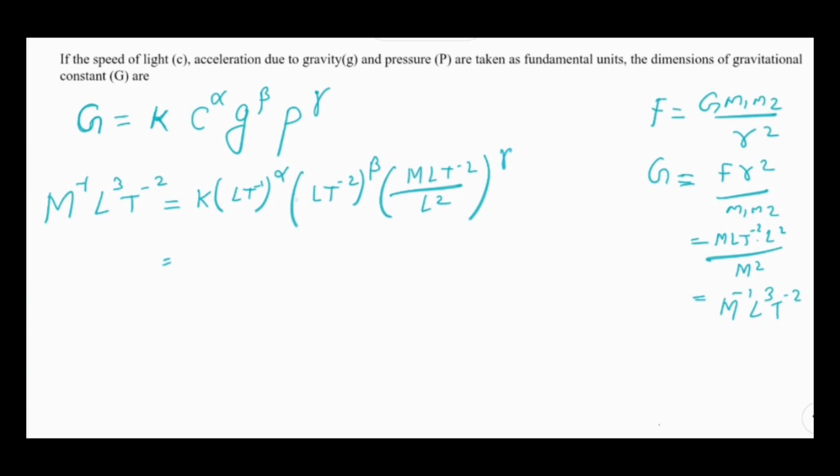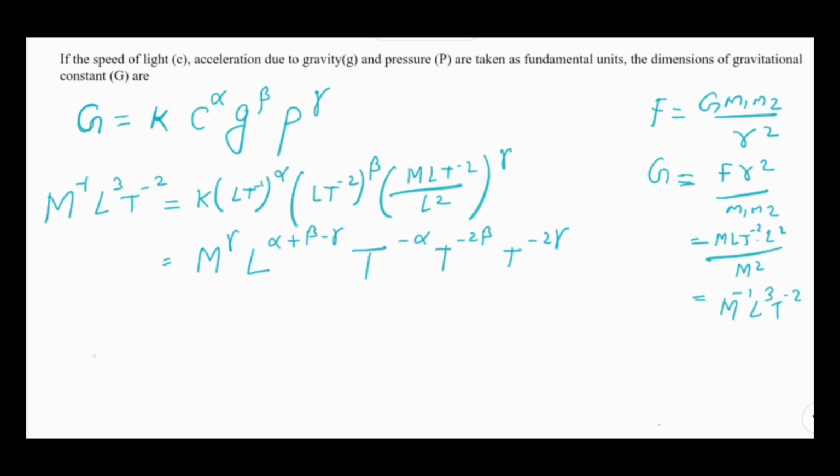If you arrange the powers, M appears only in the last expression, so M to the power gamma, then L to the power alpha plus beta minus gamma, and time to the power minus alpha minus 2 beta minus 2 gamma.